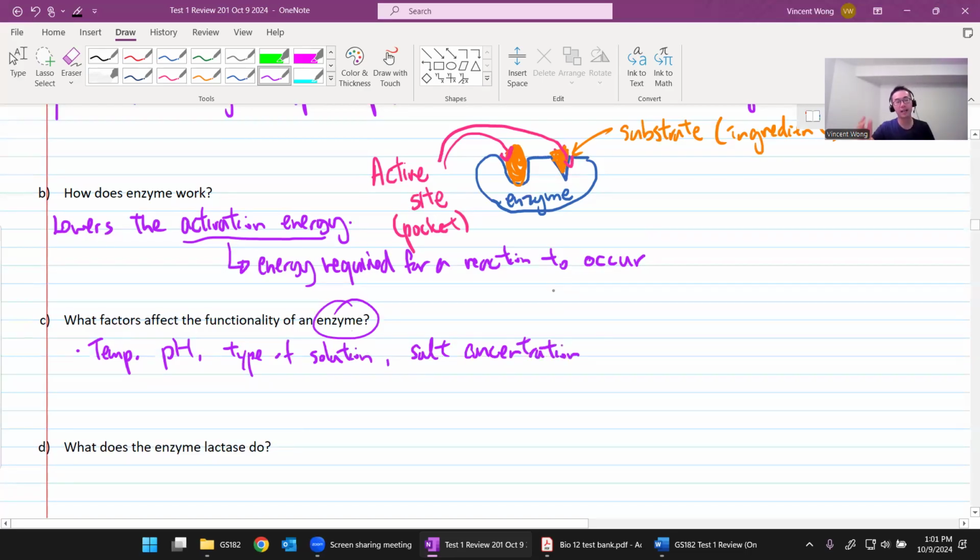Basically, anything that affects a protein's shape is going to have an effect on the function of an enzyme. If you change the environment, you end up changing the shape of the protein and the shape of the active site, and then the substrate will no longer fit.